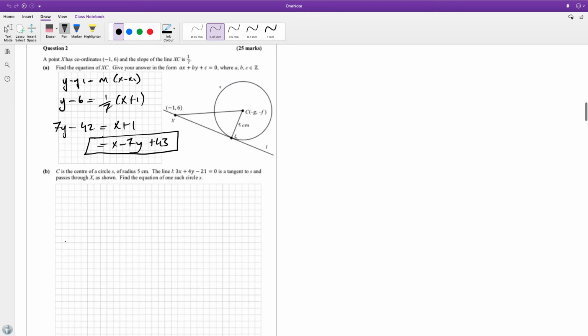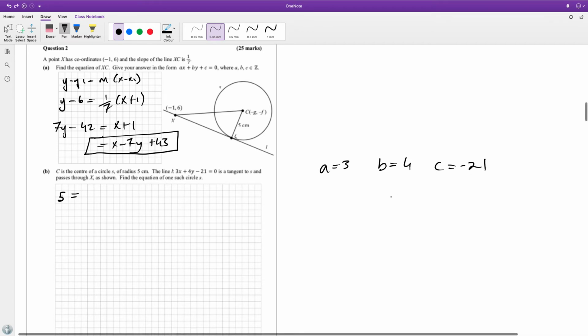So, we said it's the distance from a point to line. So, our distance is 5, and we said our A is equal to 3, our B is equal to 4, and our C is equal to minus 21. And our x1, y1 is minus g, minus f.